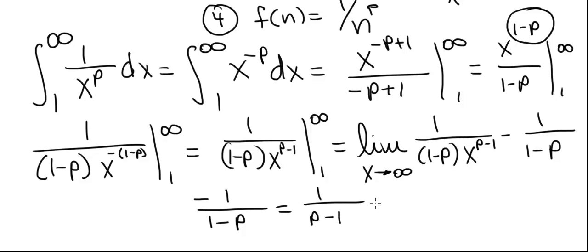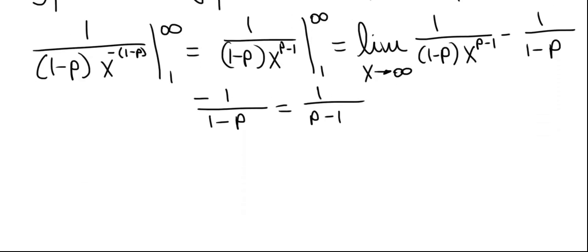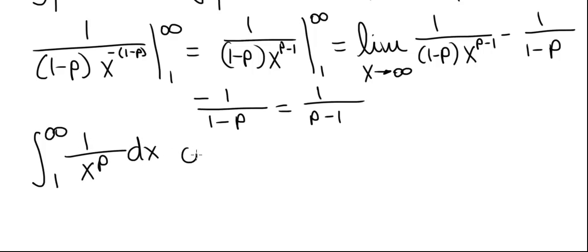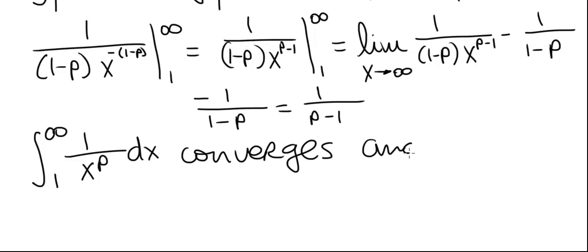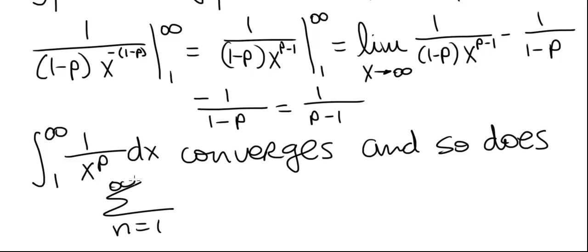Therefore, the improper integral converges, because 1 divided by p minus 1 is a finite number. The improper integral from 1 to infinity of 1 divided by x to the p converges, and by the integral test, so does the p-series summation n equals 1 to infinity of 1 divided by n to the p. Remember, we were considering the value of p to be greater than 1.